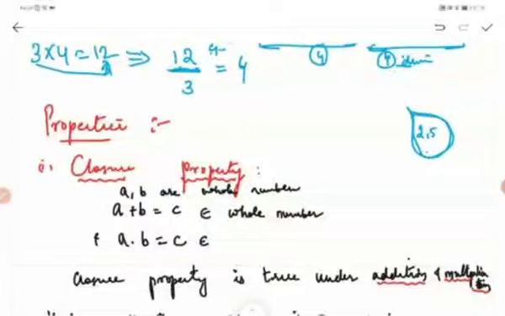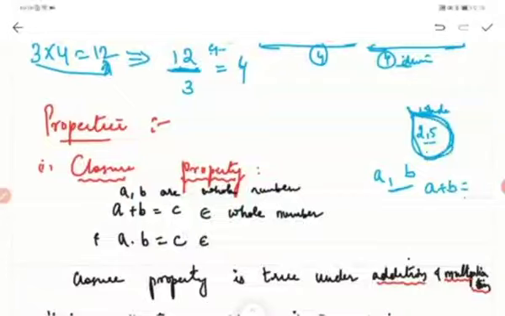Think of it as a whole number bag. So these two numbers, a comma b. Closure property says that if you add a plus b, whatever number you get should belong to this whole number bag. It should be closed in the whole number set.